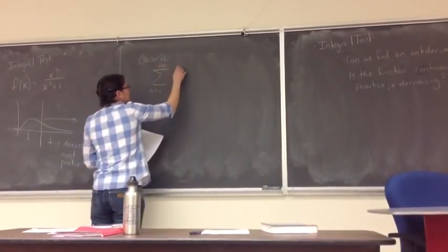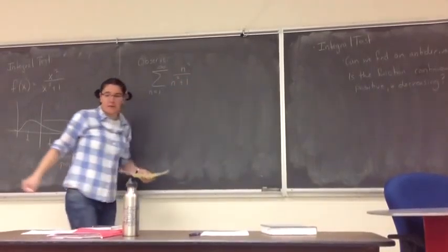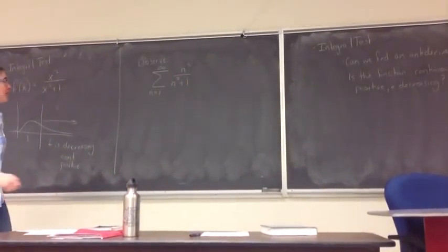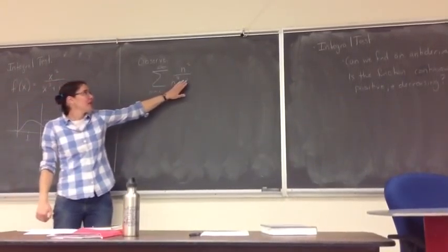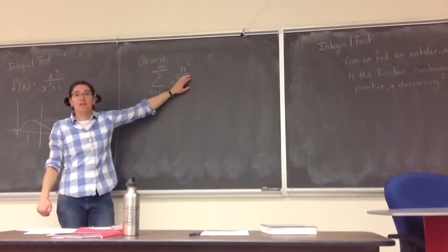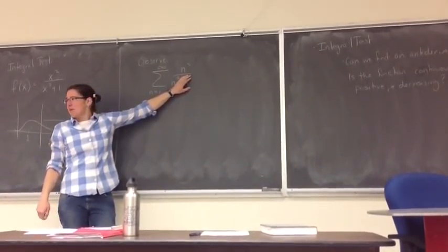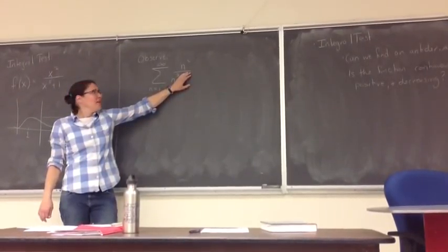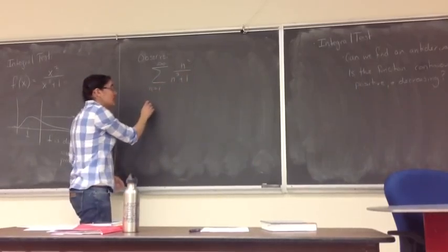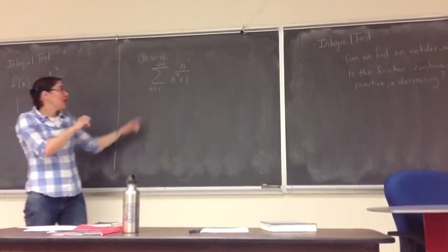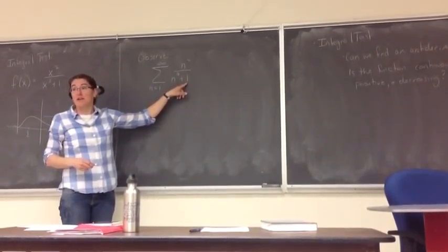Now, something that you might observe, and at least one group did observe this, is that the sum, as n goes from 1 up to infinity, of n squared over n cubed plus 1, well, if I do a little bit of shady math here, if I just kind of cover up that plus 1, then this looks an awful lot like n squared over n cubed. And so in particular, for large values of n, this plus 1 doesn't matter at all.